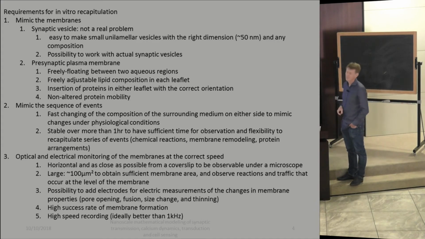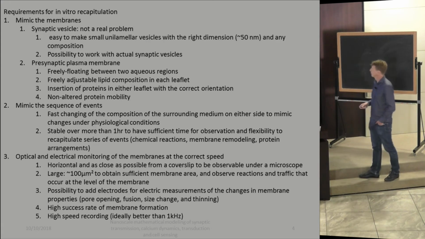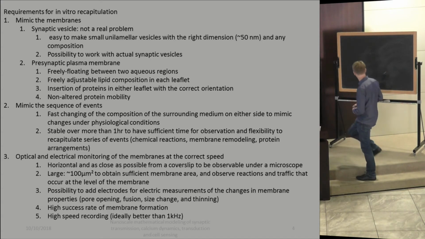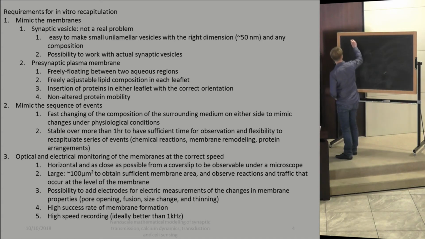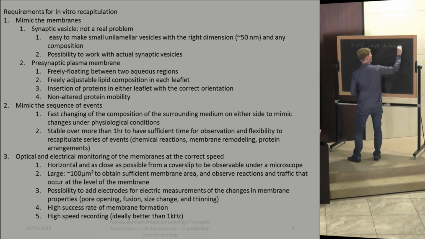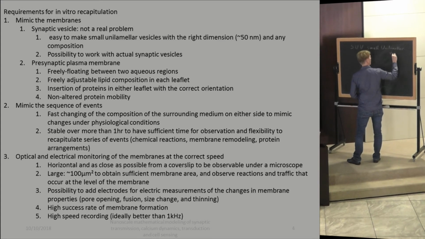The synaptic vesicle is really not a big problem. It's kind of easy to make small unilamellar vesicles, which I will call SUVs.